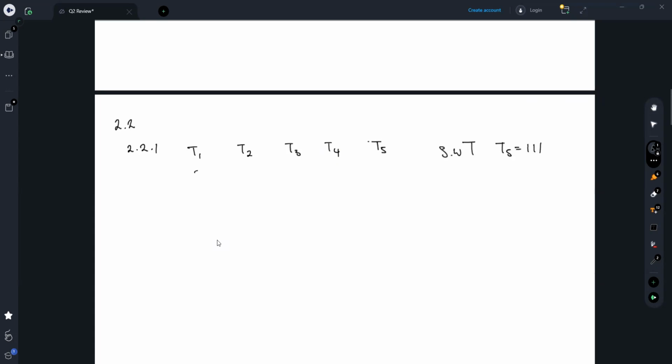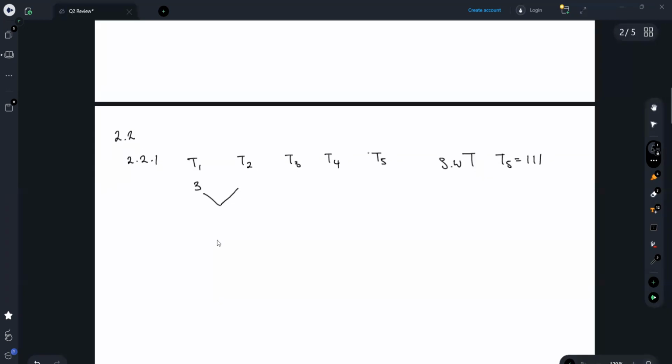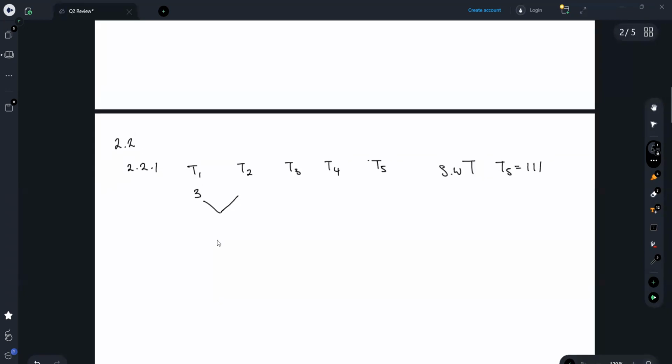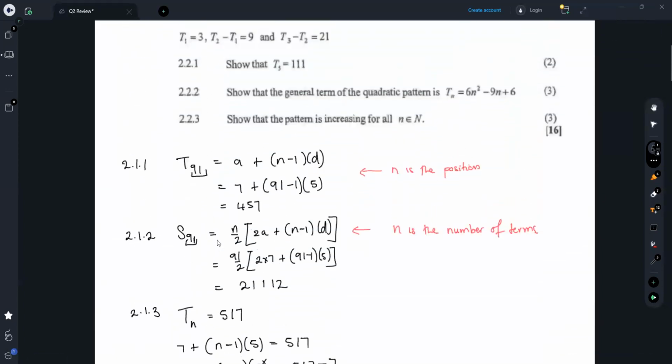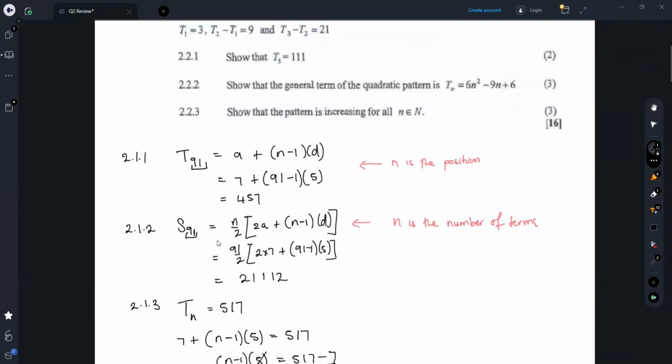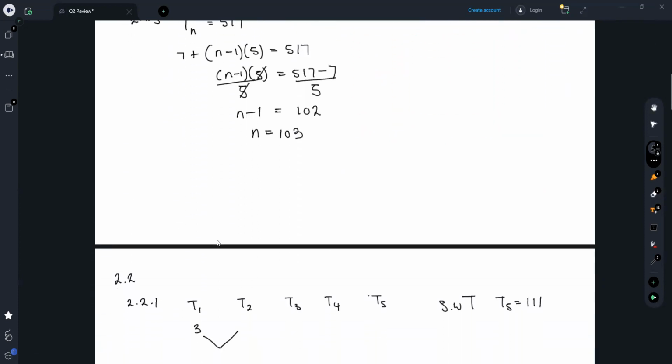Okay, so we've been given that T1 is equal to 3. And the difference, remember that we write the difference down here. When you say T2 minus T1, it should give us how much? I think they said 9. Let me just go up there again, sorry. So that's just 9, and the other value is 21. Yes.